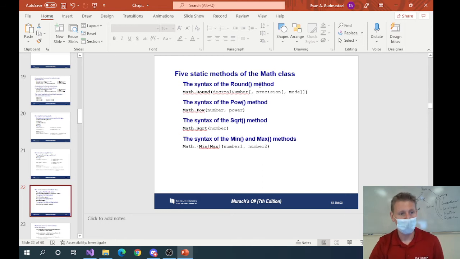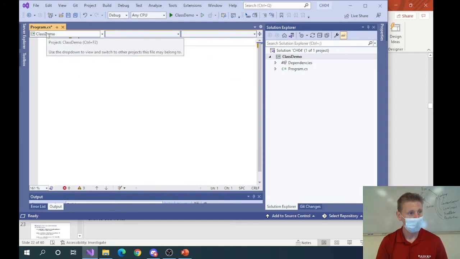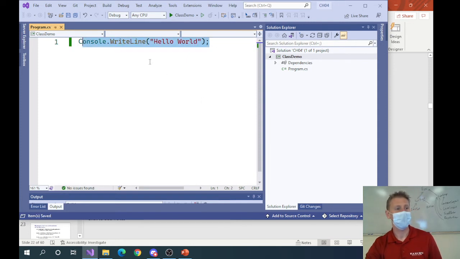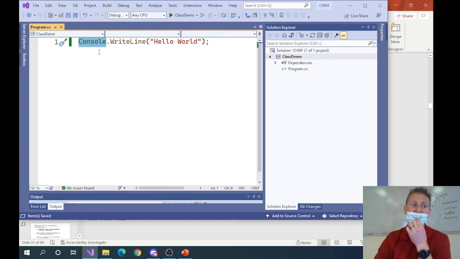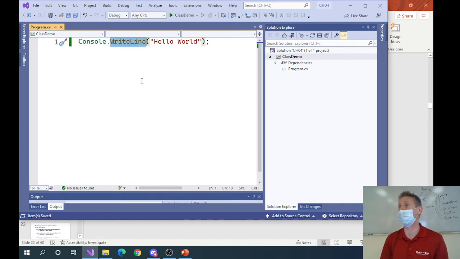Let's break down a Console.WriteLine line. Let's take a look at this line. Console is a class. There's a built-in class in C# that has inside of the Console class a method called WriteLine.